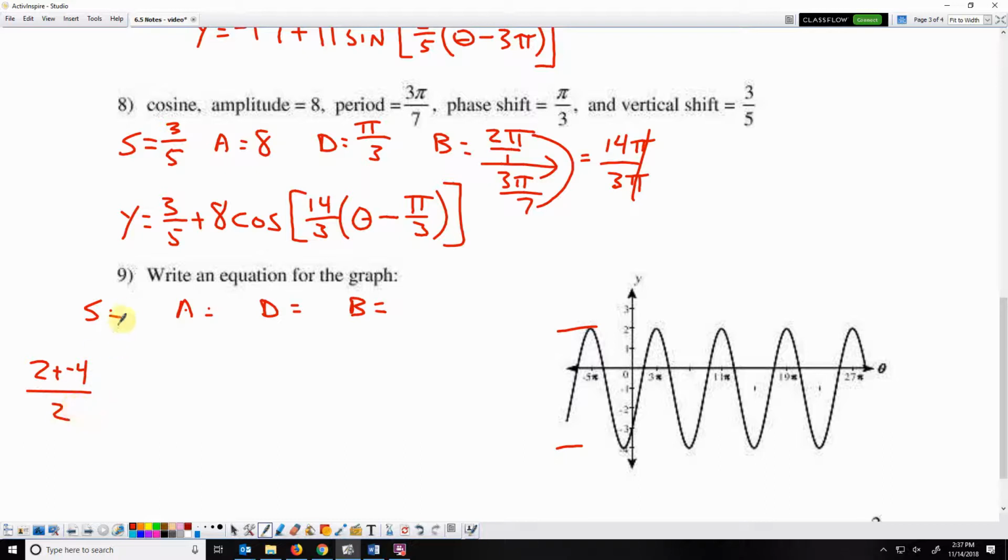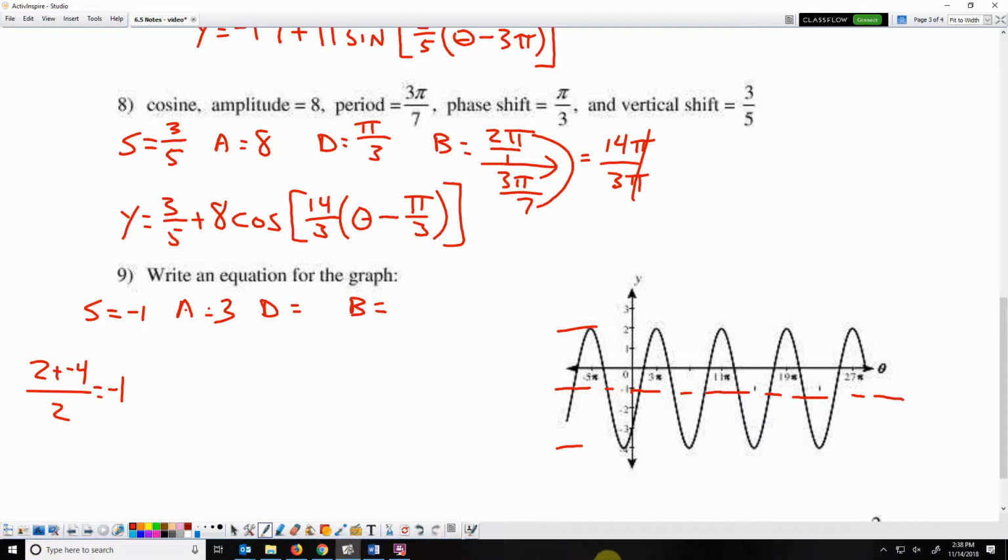My sinusoidal axis is negative 1. Okay, so here's the sinusoidal axis. How high does it get above and below that axis? From negative 1 up to 2 is 3. And from negative 1 down to negative 4 is also 3. So I've got an amplitude of 3.